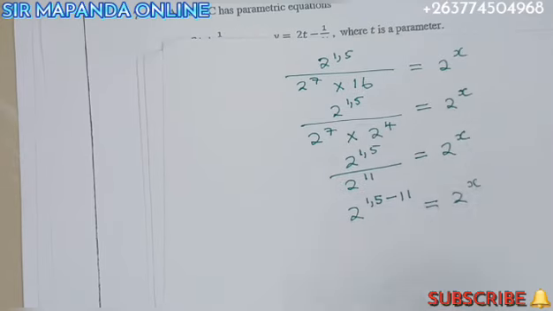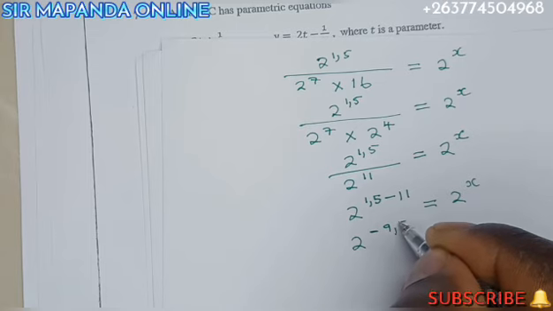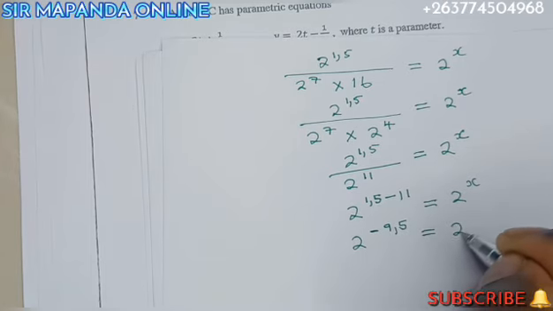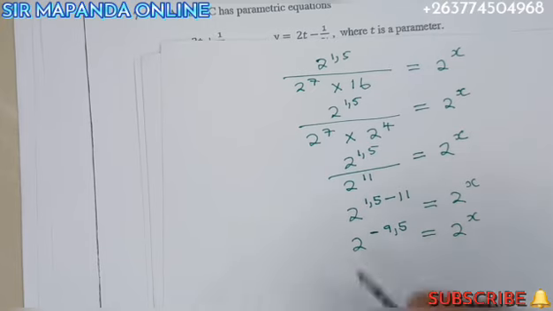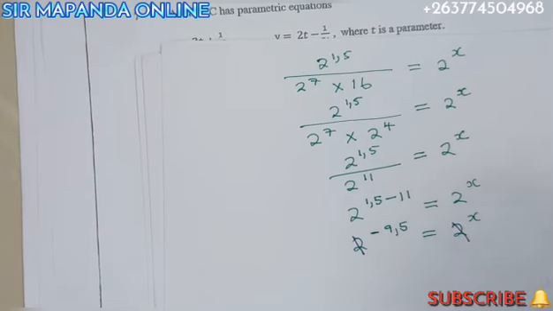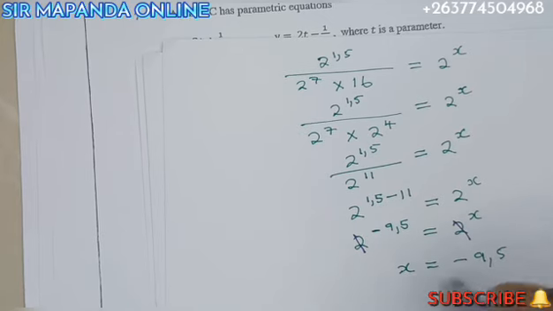Here you get 2 to the power of negative 9,5 is equal to 2 to the power of x. If you reach a stage where same bases are equal, you ignore the bases and concentrate on the powers. So the answer of x is now exposed. It simply means x is equal to minus 9,5. Then you are warm and dry. Let us move on to the next question.